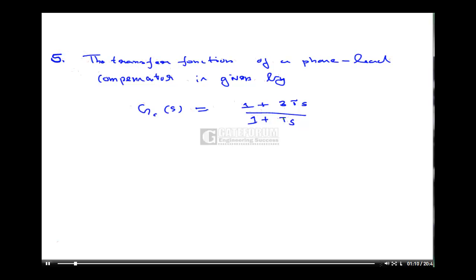For this, find the maximum phase shift provided by this compensator.